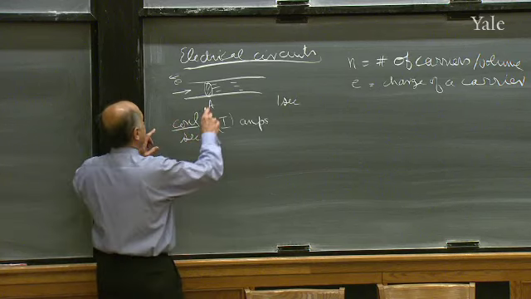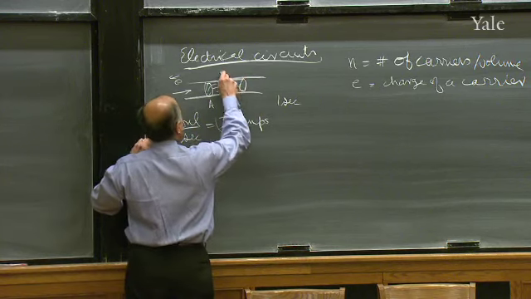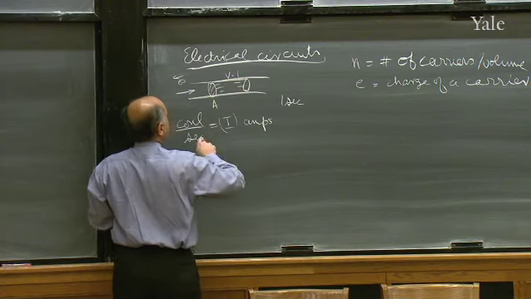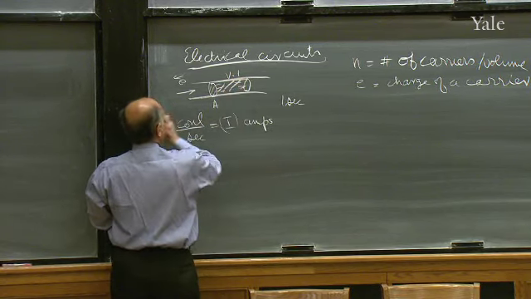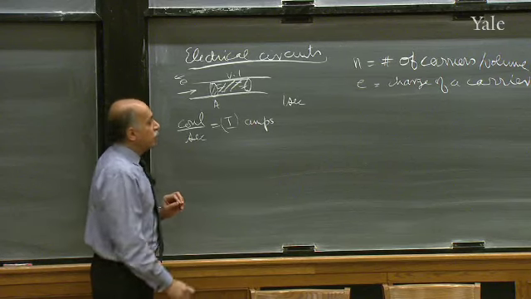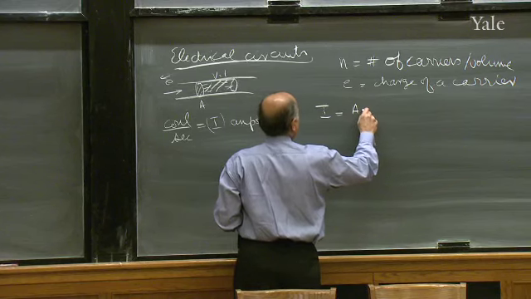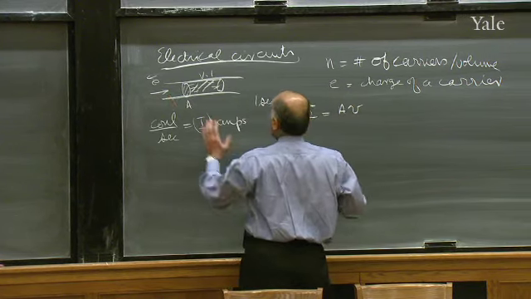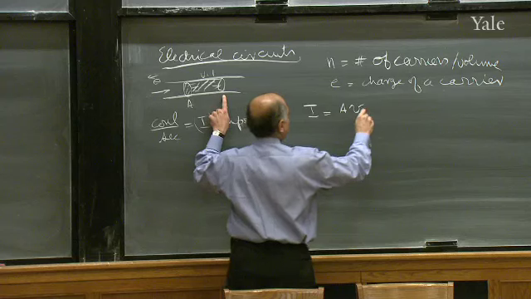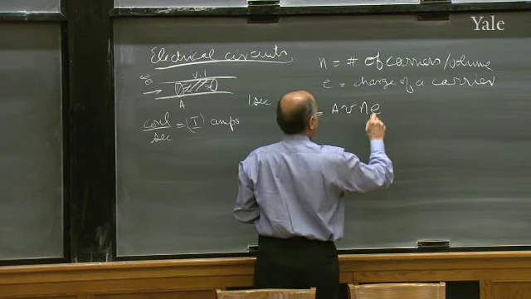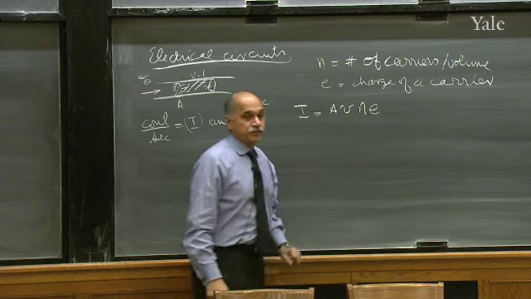You can see that it's a cylinder whose length is the velocity, because in 1 second it would have gone v times 1 second. All those guys have crossed the finish line. Therefore, the current will be A times V is the volume of stuff that has gone. That's the number of carriers in that volume. That's the charge of each carrier. That's the total current.